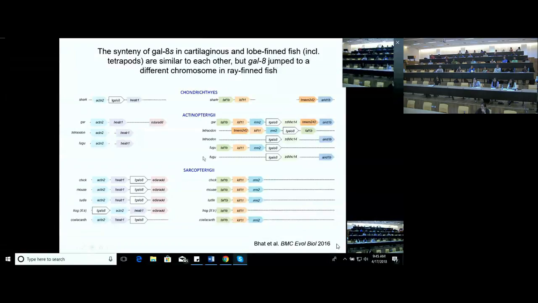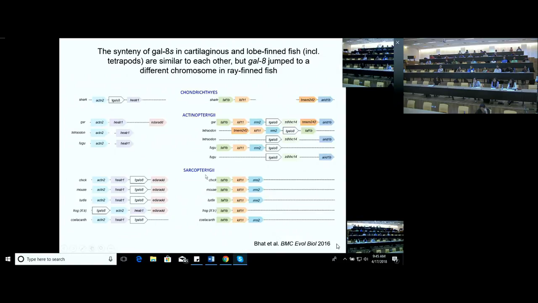fins. And the Sarcopterygii, which are the lobe-finned fish, which are now considered to include all of the tetrapods, animals like mice and rabbits and ourselves, they all have galectin-8s. And it turns out that the galectin-8 in cartilaginous fish is in the same chromosomal environment, or very similar, as the galectin-8s in the tetrapods and the lobe-finned fish.